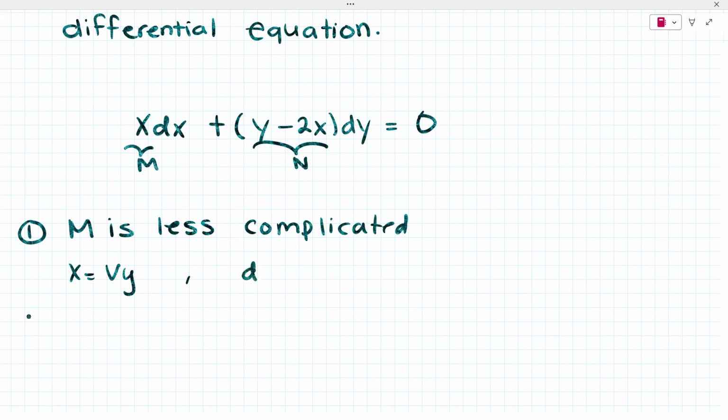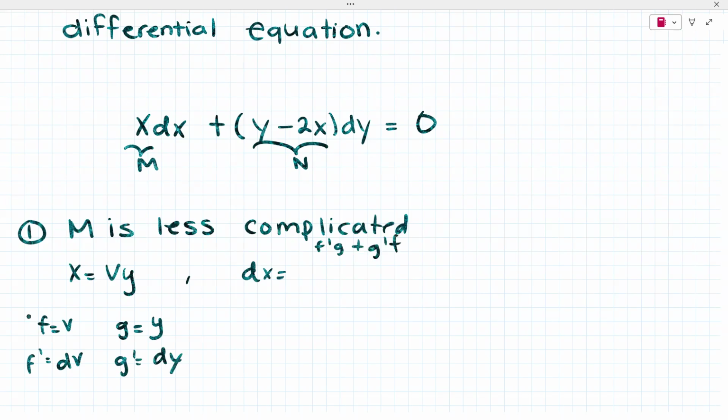dx is what? So you have to apply the product rule. Your f is v and your g is y. So my f prime is, what's the derivative of v? dv. And my g prime is, what's the derivative of y? dy. Product rule is f prime g plus g prime f.